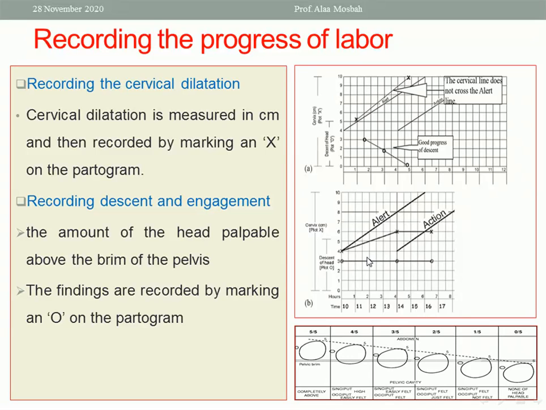So this is called arrest of descent. So I have arrest of cervical dilatation in this area of the curve, and arrest of descent of the head. So this case needs emergency cesarean section. Okay?